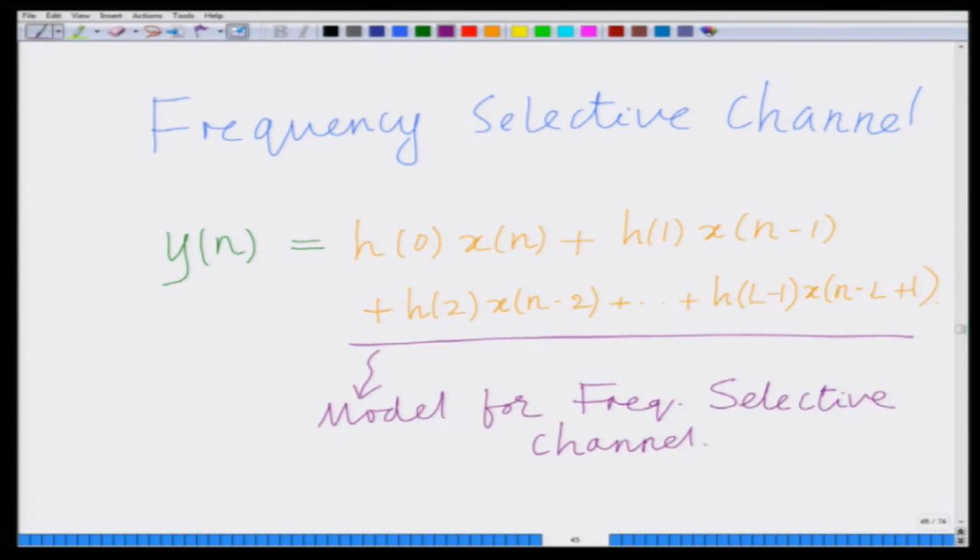And we have also seen that the output Yn depends not only on the input symbol xn at time instant n, but it also depends on xn minus 1, xn minus 2, so on until xn minus L plus 1. Therefore, this channel has inter-symbol interference, correct.